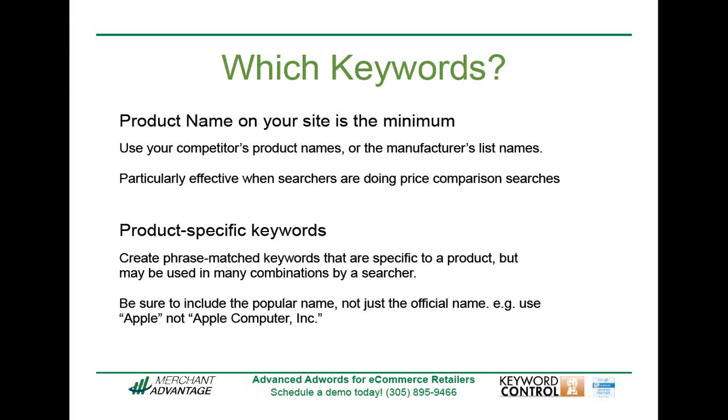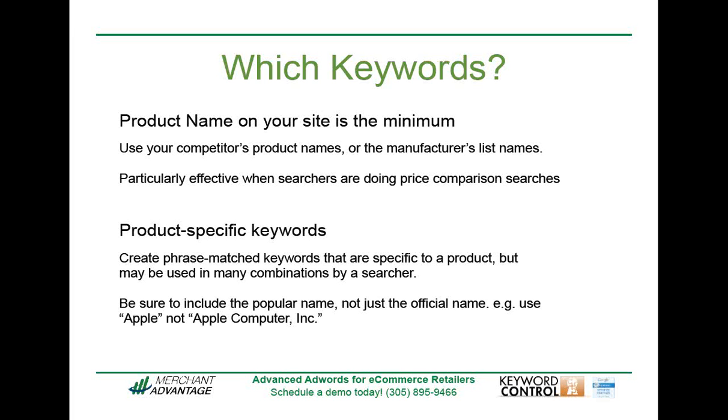What better opportunity to show up high on an AdWords ad when people put that into a Google search? Use your competitors' product names. Mine their websites for the product names that they use, so that when people do the same price comparison searches, your ads show up, and they go from your competitor's website to yours.